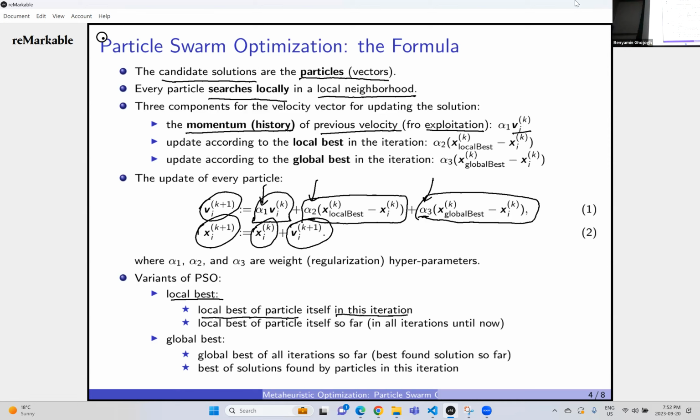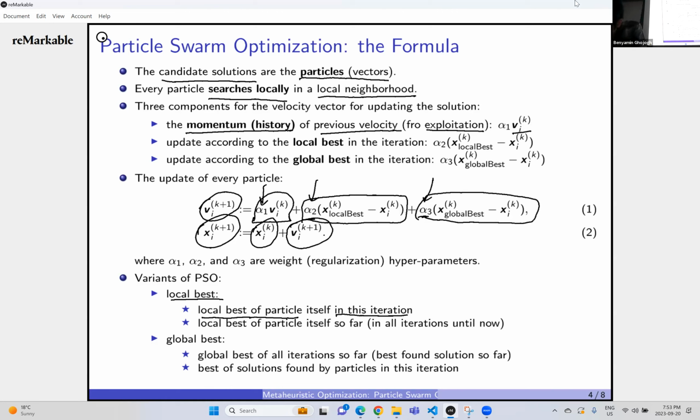In my inner loop I'm checking 10 neighbor points. One of them was plastic, one of them was mud, one of them was something else. Among mud and plastic, which one is better? Plastic is better. My local best in this iteration was plastic. When I announce what I found in this iteration, I say I found plastic. I don't say I found mud.